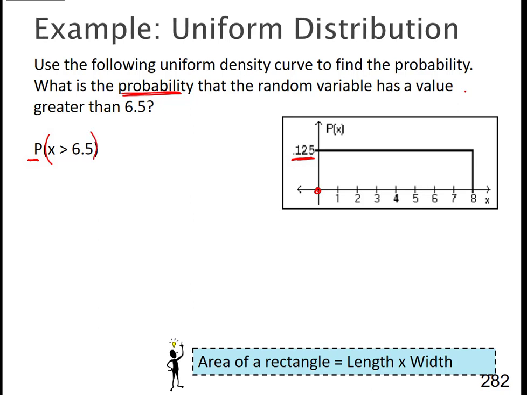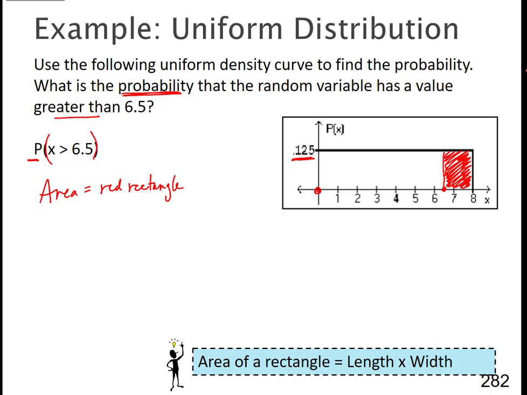So just like we did on the previous one, we find 6.5, approximately halfway between 6 and 7, and draw a little line up to the top of the rectangle. Since it says greater than, we're going to shade to the right. All numbers greater than are to the right. And what we formed is a rectangle inside of the rectangle. Mine is shaded red.